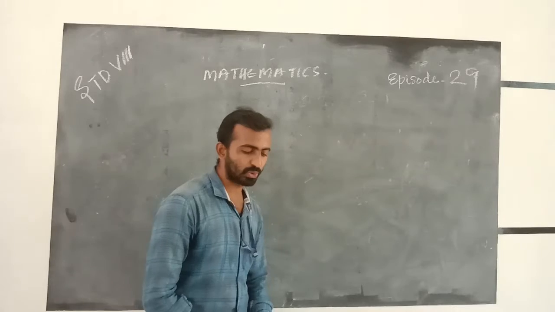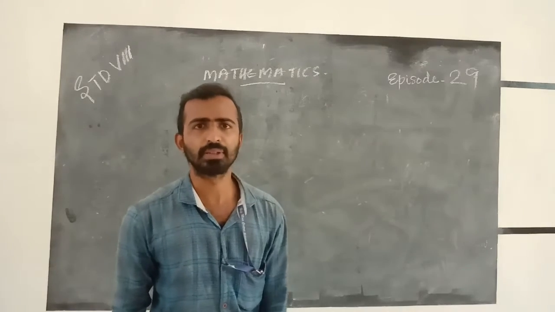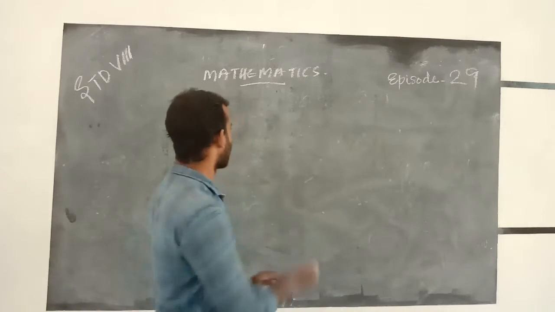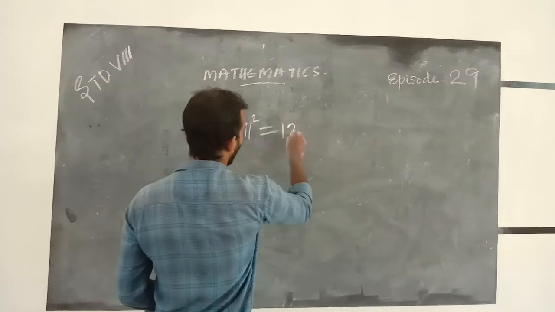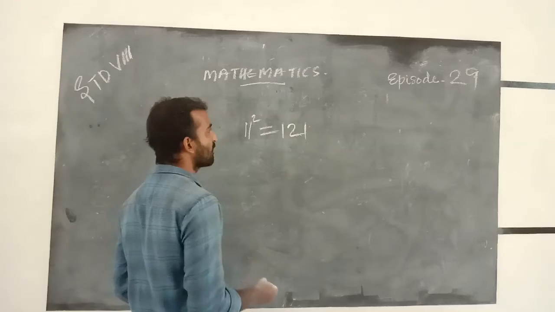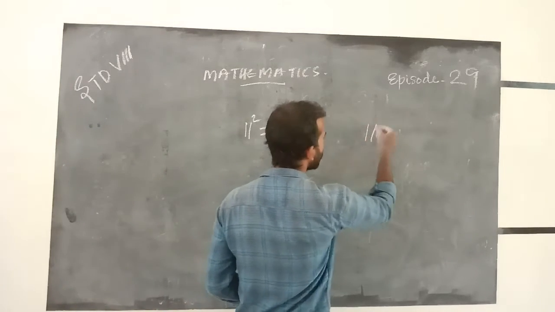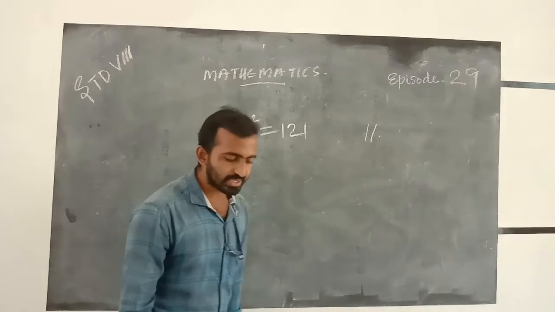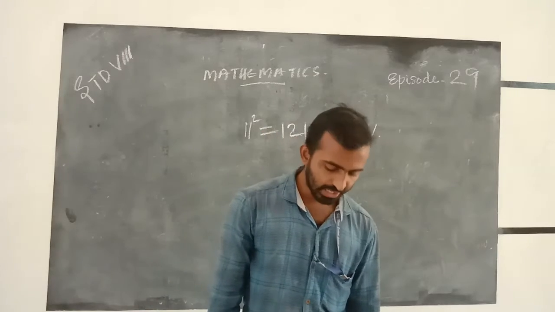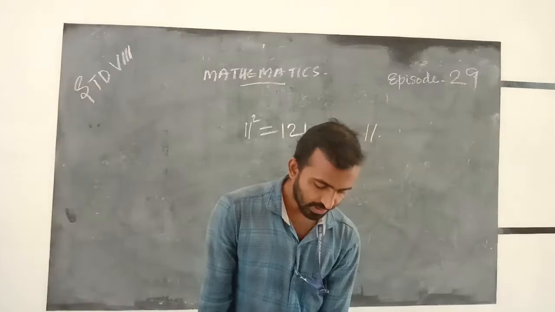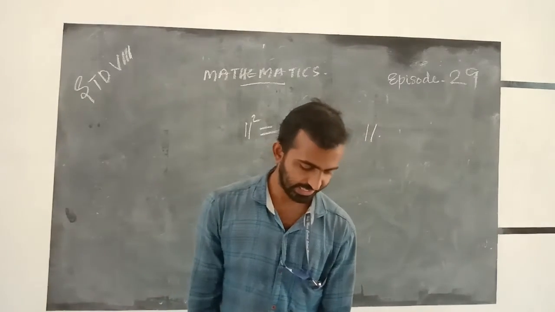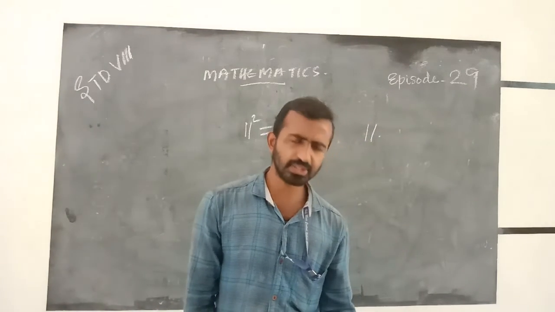What is the square root of 121? The answer is 11. And next, 14 square equals 196. What is the square root of 196? The answer is 14.